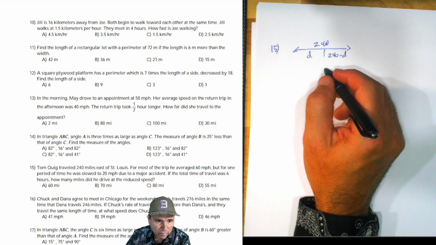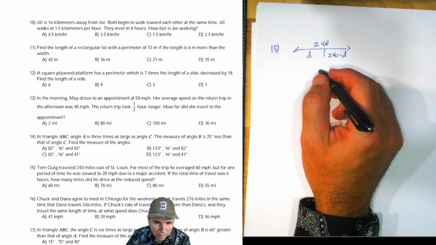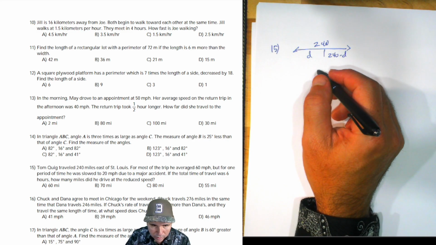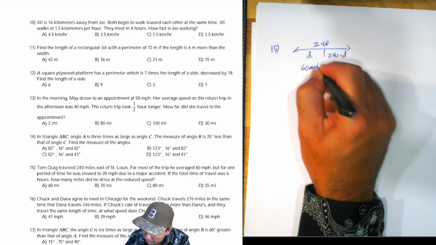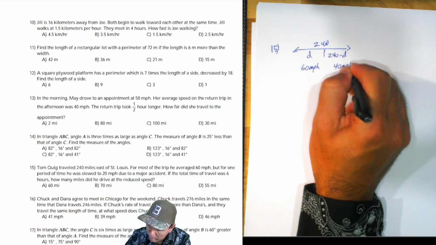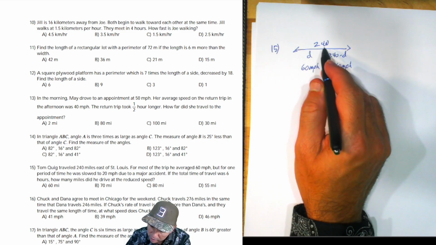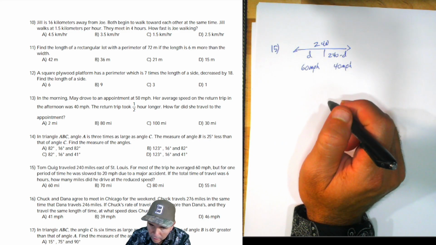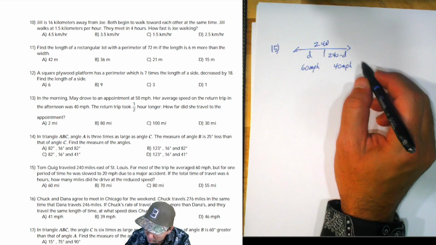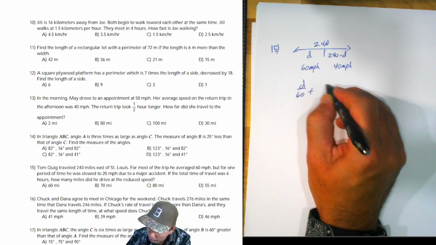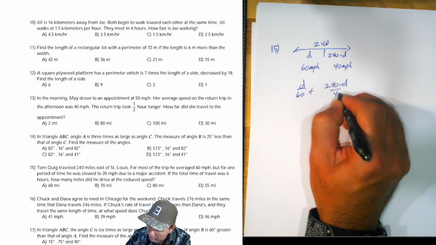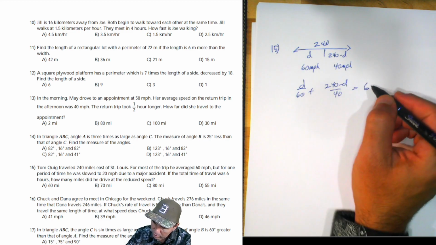And we know that he averaged 60 for most of the trip, but for the period he was slowed by 20 miles per hour, you're going 60 miles per hour here, but you're going 40 miles per hour here. And we know that the total distance is 240 and the total time is 6 hours, right? So distance over 60 plus 240 minus distance over 40 is equal to 6.